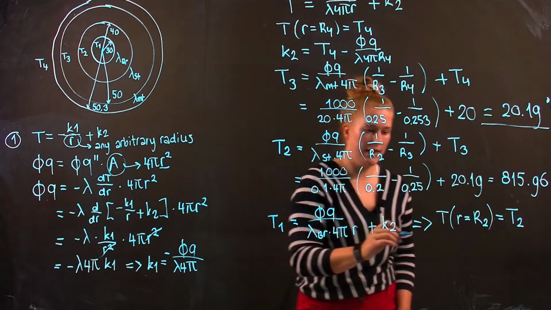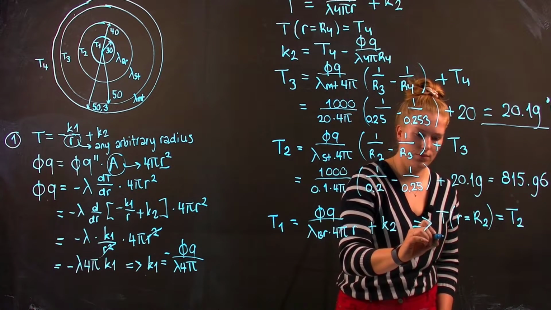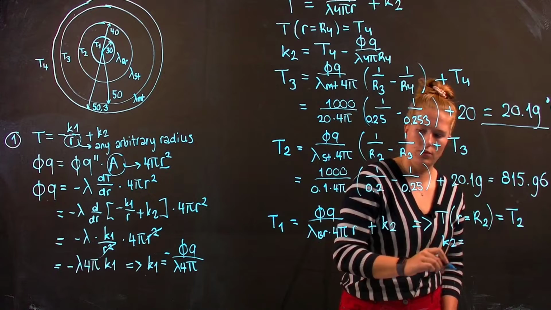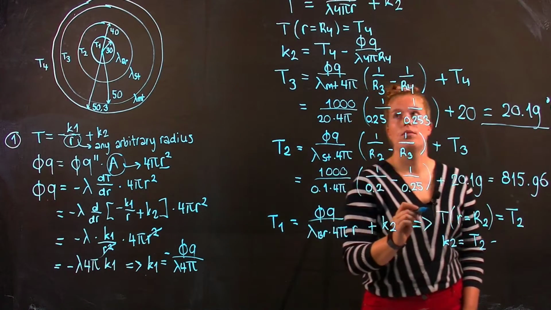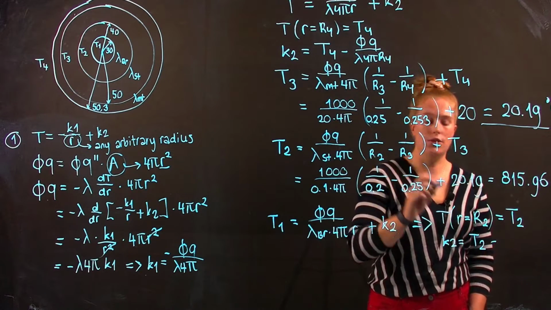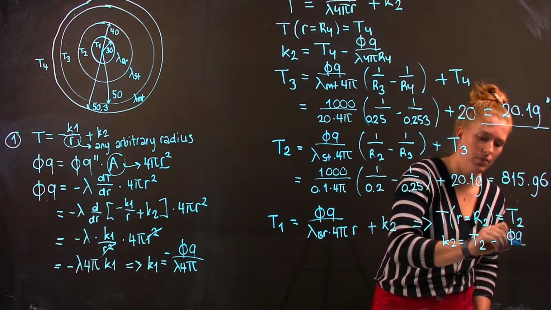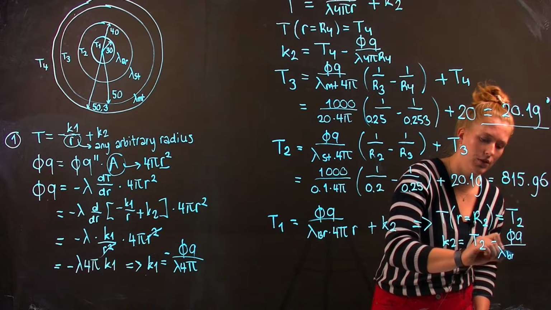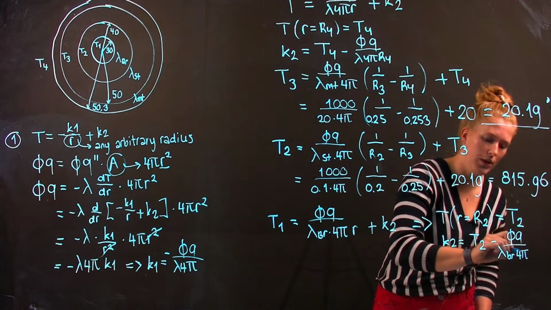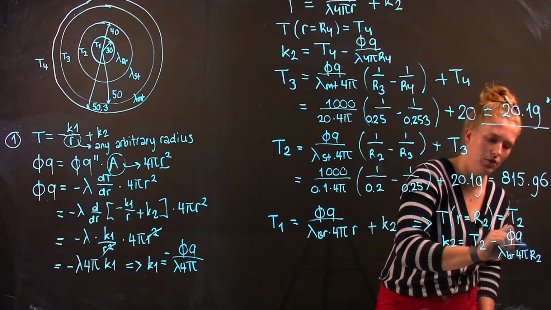Then we can say again that our K2 must be equal to T2 minus the heat flow times the thermal conductivity of the layer of bricks times 4 pi R2.